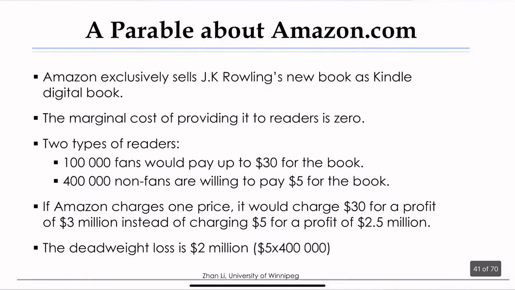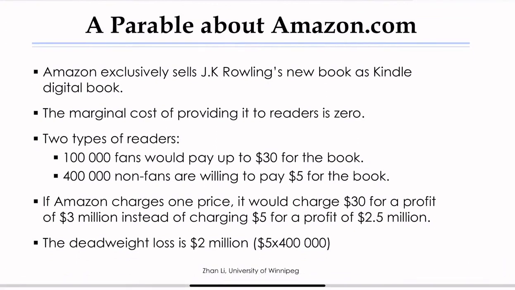Now let's see this very interesting example based on Amazon. Let's say Amazon exclusively sells J.K. Rowling's Harry Potter book as a Kindle book, and the marginal cost of producing a digital book is almost zero, right? So let's assume here the marginal cost of production is just zero.